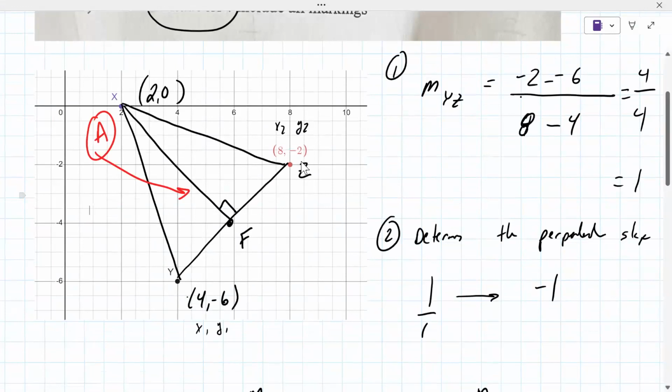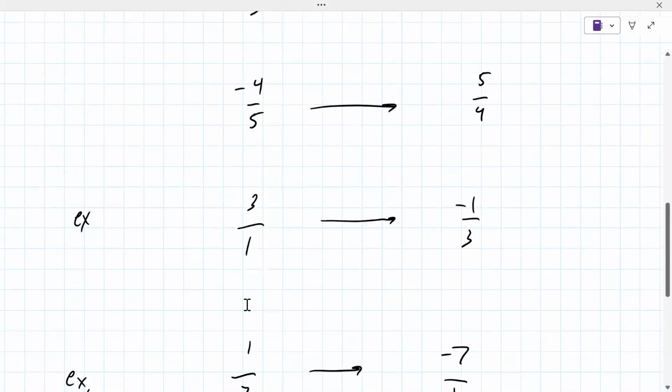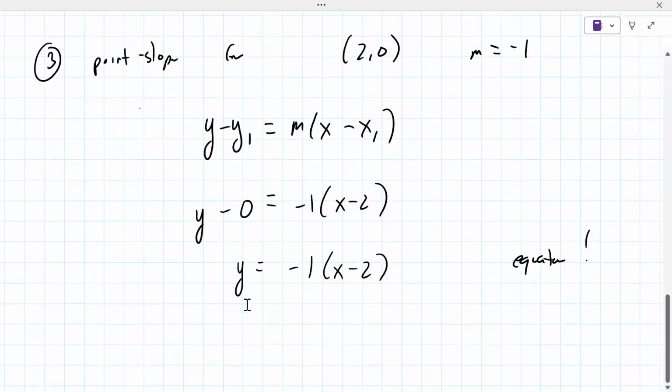This is part C. The slope, I'm sorry, part C is the perpendicular slope. Part D is what we just did by writing the equation down here. This is all part D. Okay, I got that.